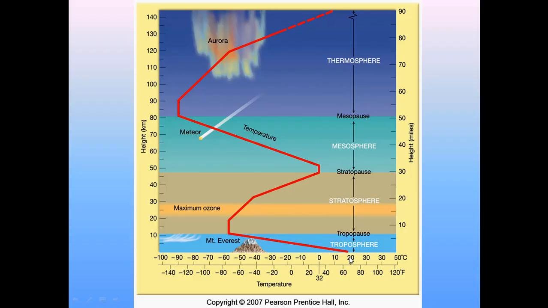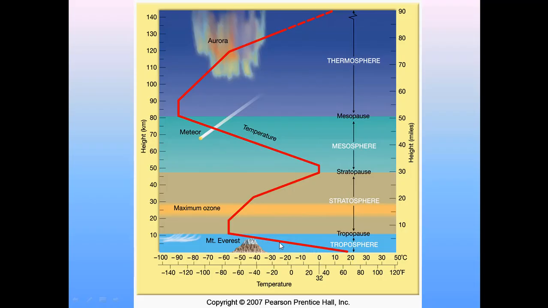Think about conduction as if you ever have touched a hot pan before: the heat is coming from the stove, transferring to the pan. You touch the hot pan, you get burned, and the heat that is exchanged between you and the pan is due to conduction. It's the same idea in our atmosphere: the air right above the surface of the Earth warms by conduction.